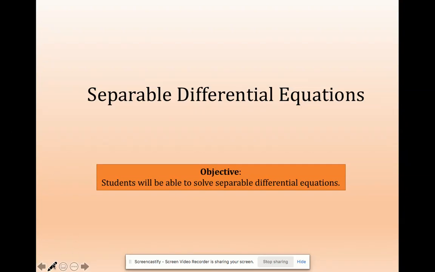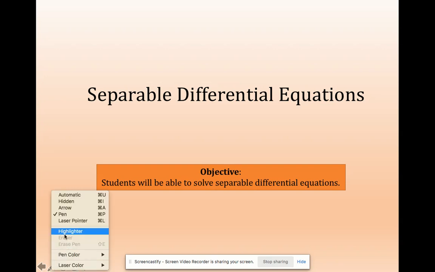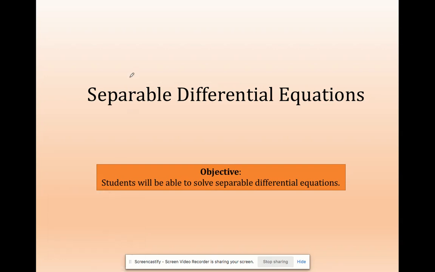So recall that we taught you through initial value problems to solve a differential equation. Remember, if you had velocity is equal to 2t plus 4, that actually is a first derivative, which is a differential equation because it has a derivative in it.